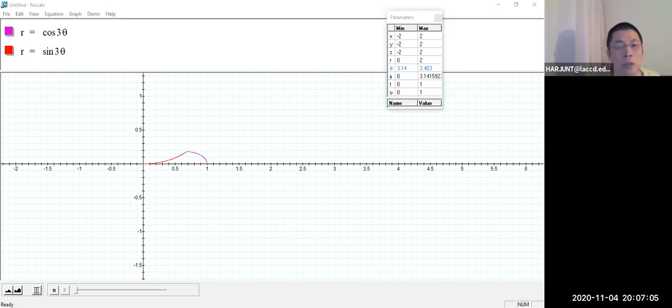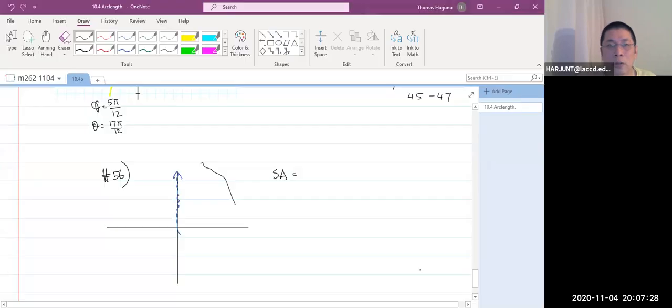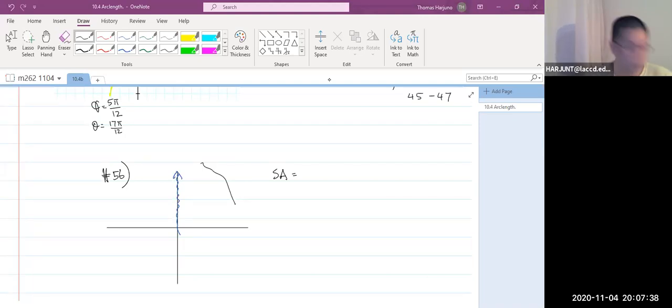Oh, no, that's the y-axis. Now we know that if you want to do the surface area when you rotate with respect to the y-axis. Oh shoot, I'm sorry. Thank you. Am I good right now? Okay, thank you. So number 56.